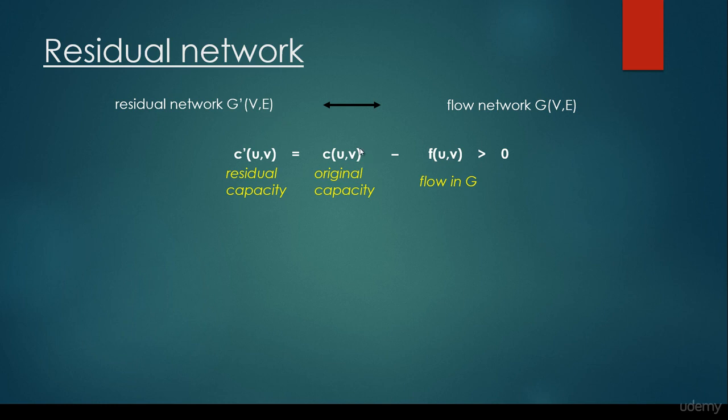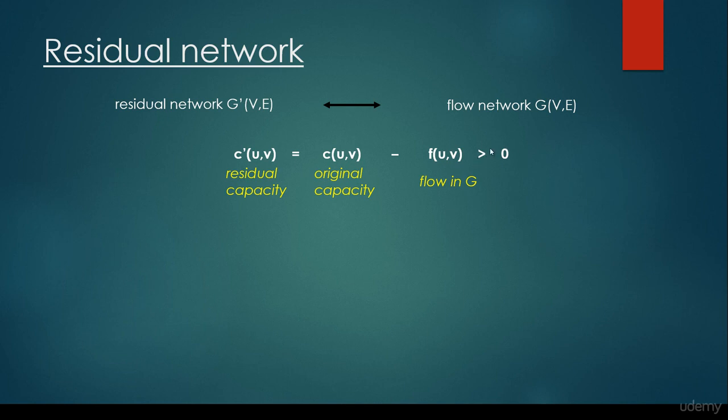And basically we have the original capacity in the flow network, and we are able to calculate the residual capacity in the residual network. I denote it with C prime, which is equal to the C, so the original capacity, minus the flow in the original flow network.